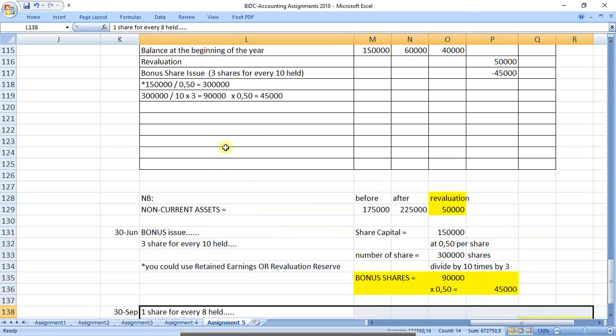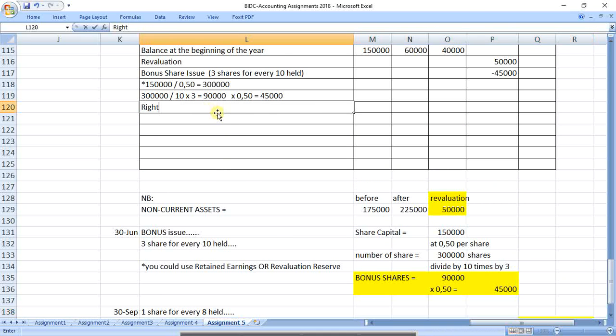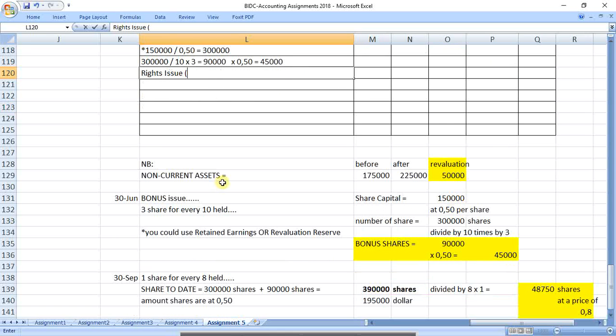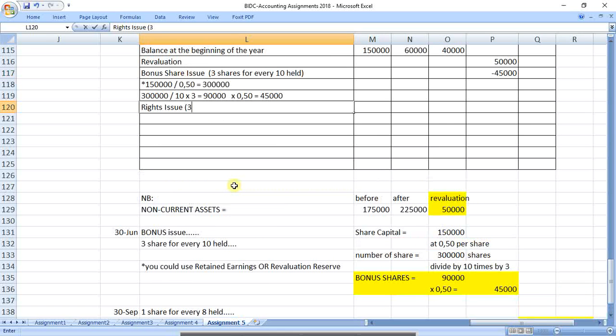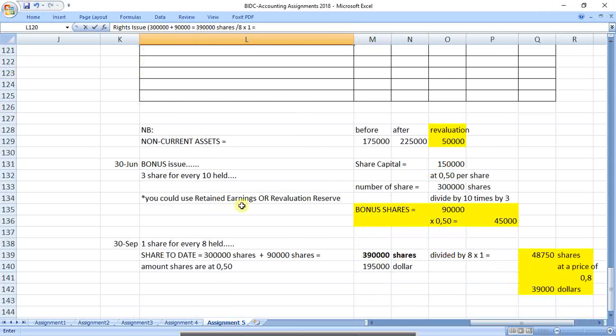I'm going to write it down here. So rights issue. In brackets, you can show a working. You can say 300,000 plus 90,000 equals 390,000 shares, divide by 8 times by 1 equaled 48,750.